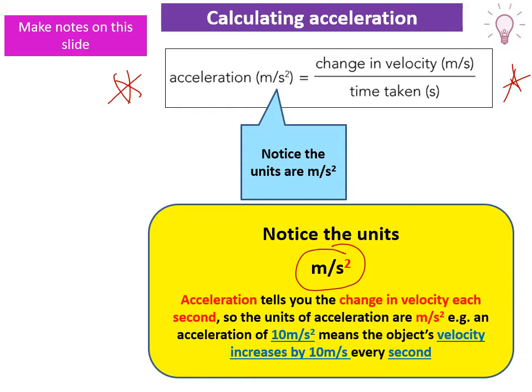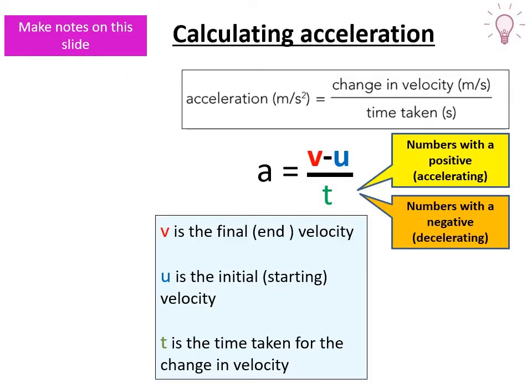And this yellow box explains that a little bit more for you, but you don't have to square anything when you work it out. Okay, so putting this in another way, change in velocity, sometimes you see it as v minus u. V minus u just means change in velocity. So v is the end velocity and u is the initial or the starting velocity. So when you take those away from each other, it gives you the change in velocity, and we just divide that by time.